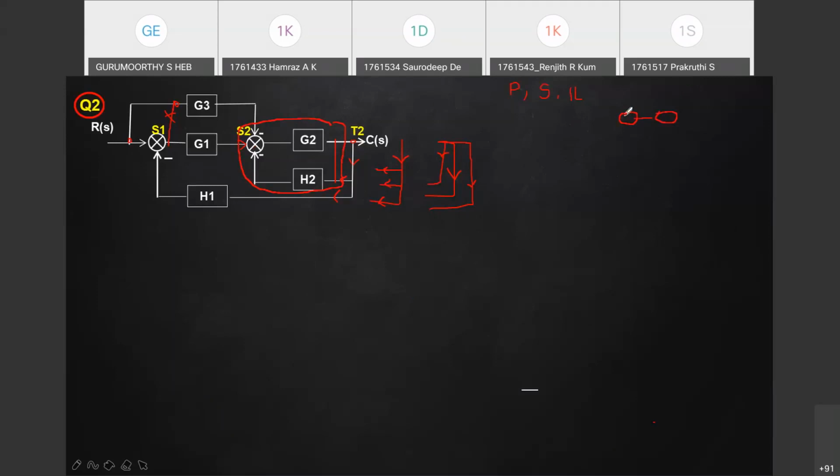One you can keep it like this, another you can join it with this independent loop, so that you will not have any problem in understanding this independent loop. This is forward, this is backward with H2, and this one like this. Okay, so that it will be easy. This you can do in mind. For everything you need not show. So then this you reduce, and then what happens?